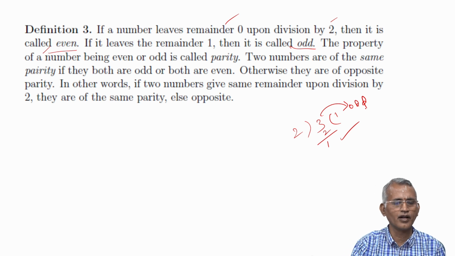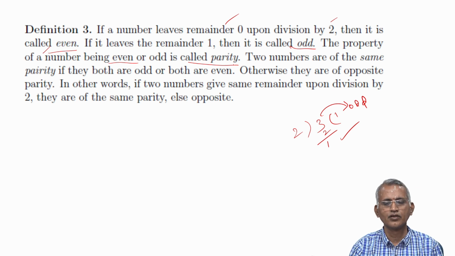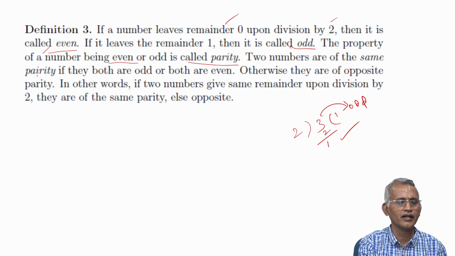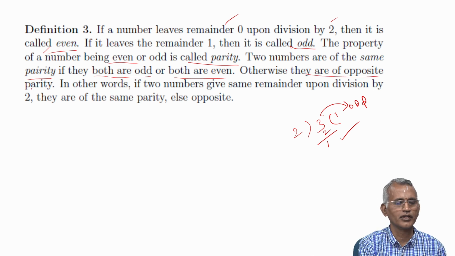The property of a number being even or odd is called parity. Two numbers are of the same parity if they both are odd or both are even. Otherwise, they are of opposite parity.